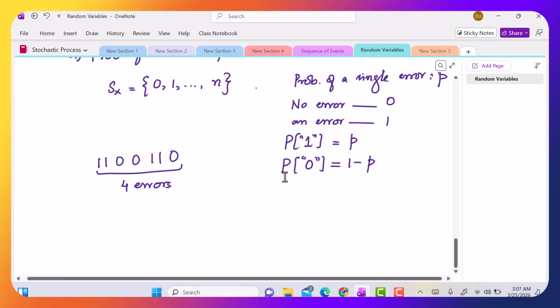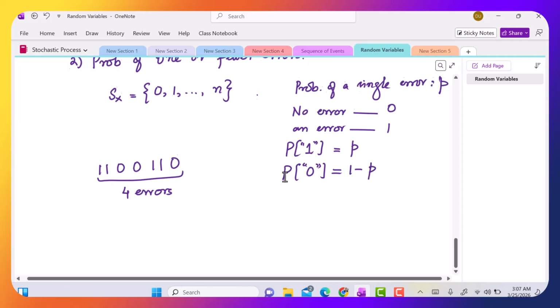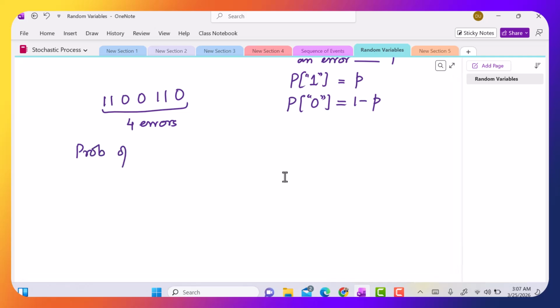Now I want to find, first of all, the PMF of X. For the PMF, I want to look at the probability of k errors in n bit transmission, where k could be 0, 1, 2, all the way up to n.